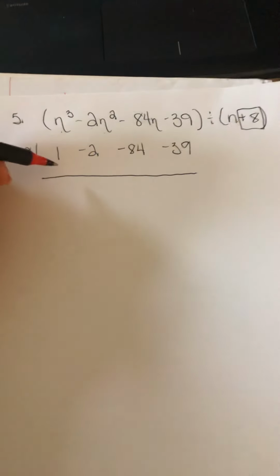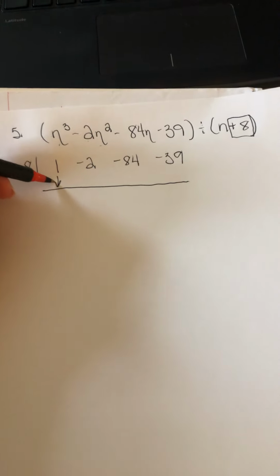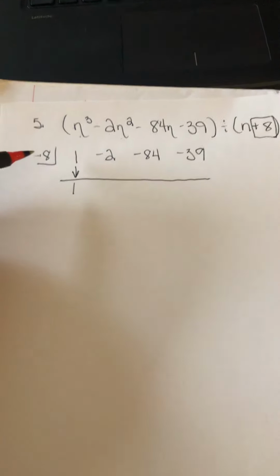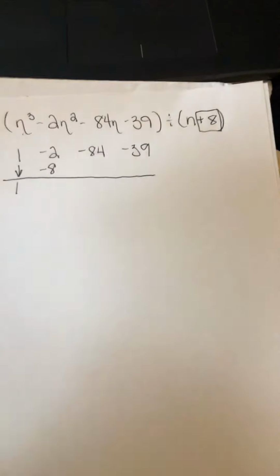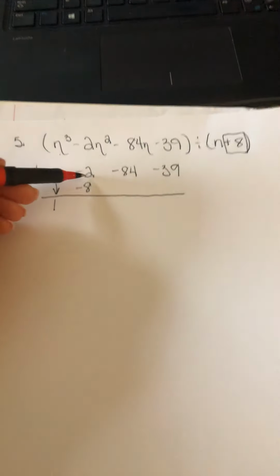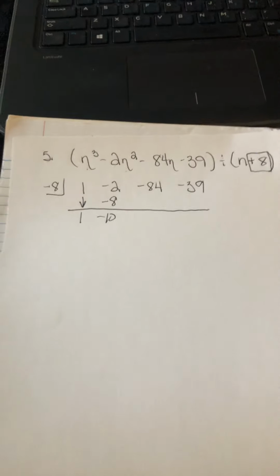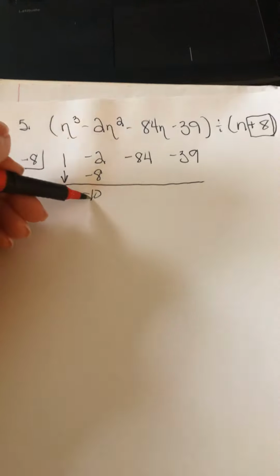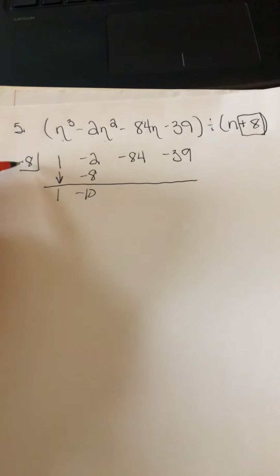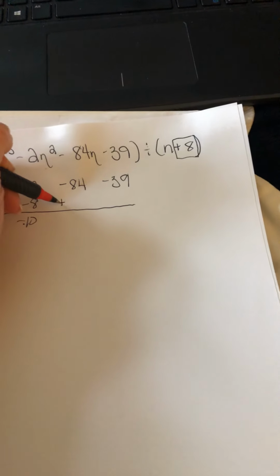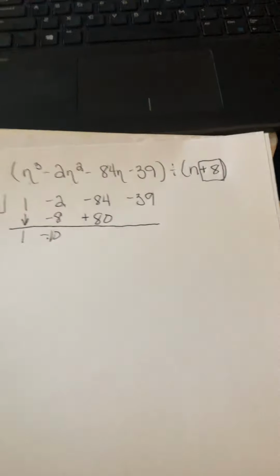Now we're going to bring down our 1, and we're just simply going to multiply. -8 times 1 is -8. Okay, so -2 plus -8 is -10. Now I'm going to multiply the -8 and the -10 together. -8 times -10 would be a positive 80.